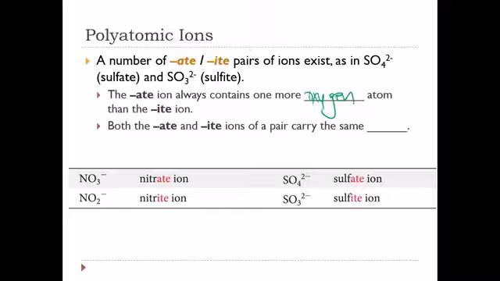But both the ate and the ite ions of a pair carry the same charge. So if we know nitrate, then we also know nitrite, because nitrate has one more oxygen. This is nitrate, NO3 minus, and this is nitrite, NO2 minus. If we know sulfate, then we know sulfite. So SO4 2 minus is sulfate, and SO3 2 minus is sulfite.